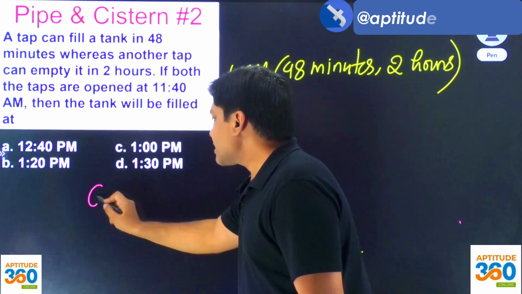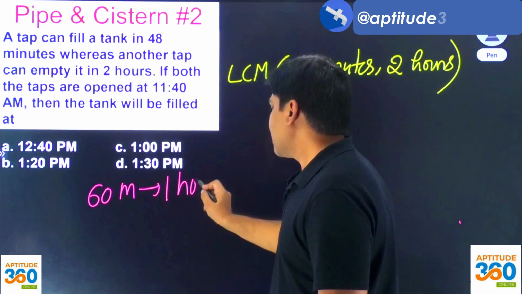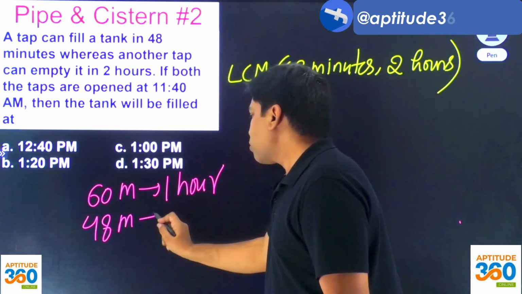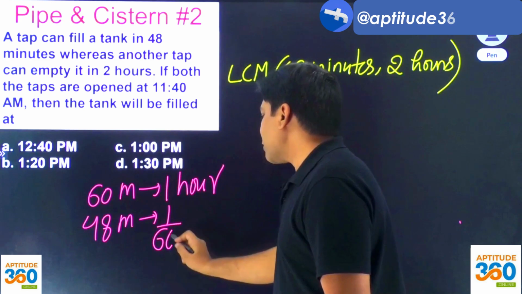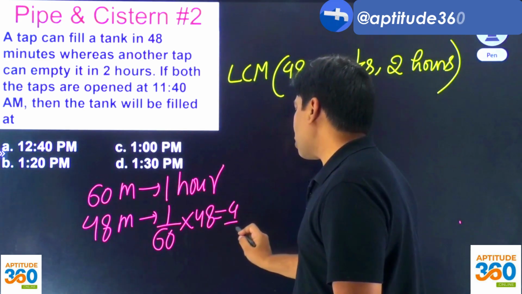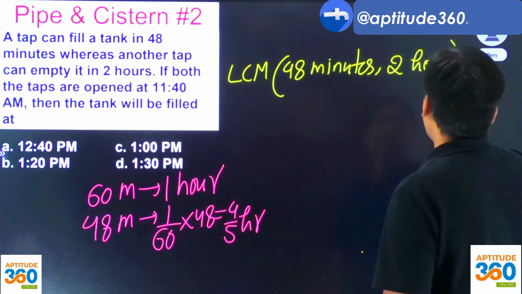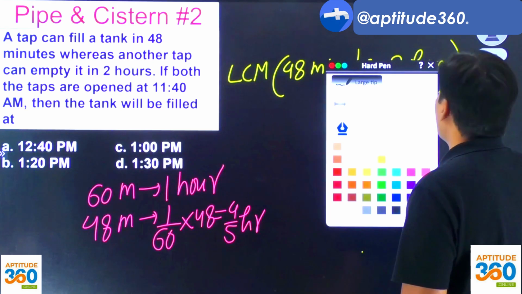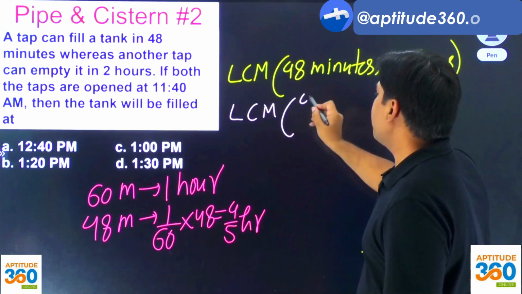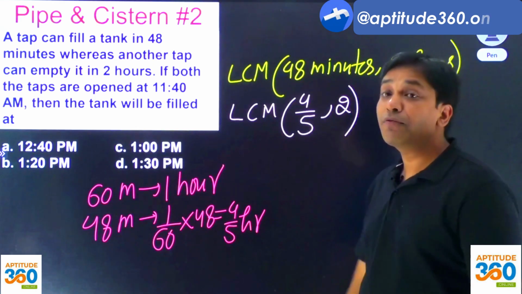If 60 minutes is equal to 1 hour, then 48 minutes is going to be 1 over 60 into 48. That calculation you can do on your own. This is going to be 4 by 5 hours, right? So what did I say? I will have to take the LCM of 4 by 5 hours and 2 hours. That's pretty simple for us to find out.